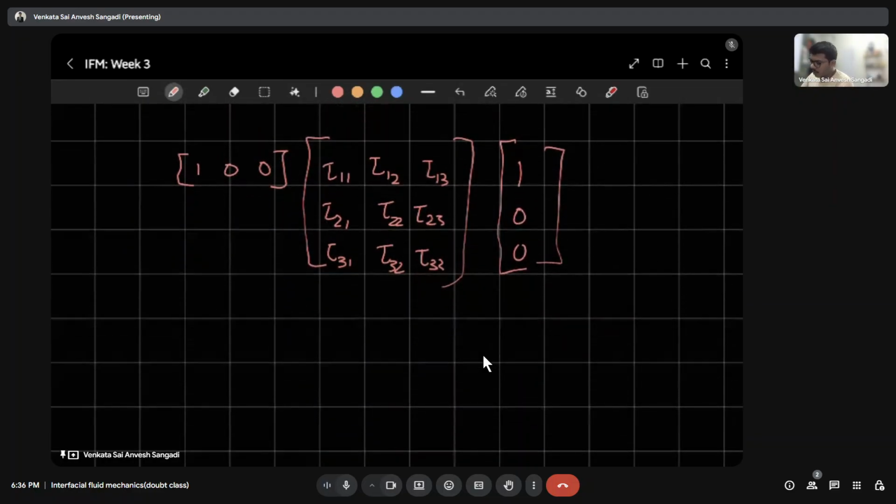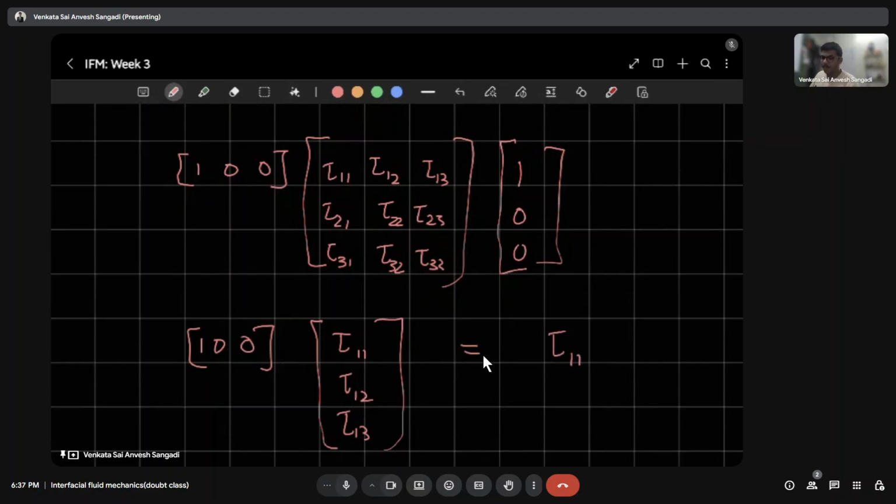By multiplying, first we'll get 1, 0, 0, and then the answer will be tau 11.